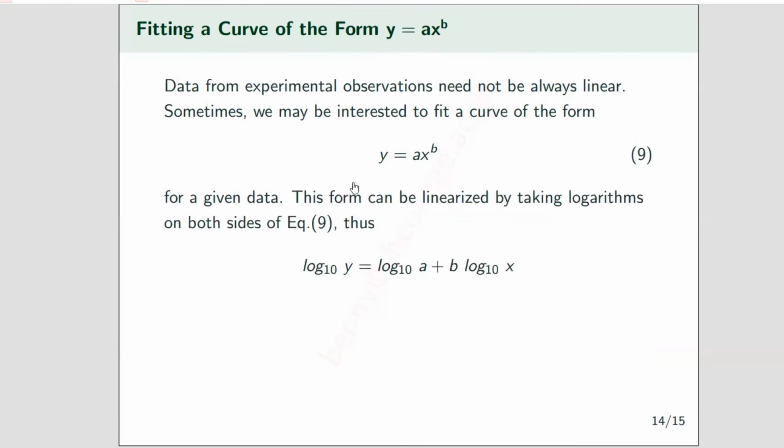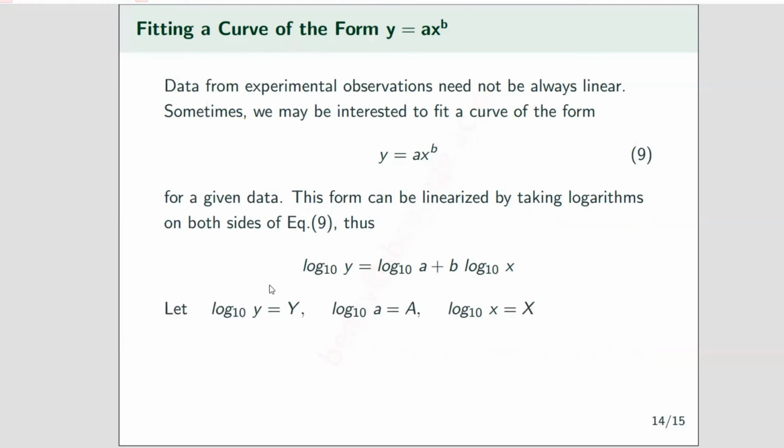For that purpose, we take logarithm on both sides. When you take logarithm on both sides, we get log y equal to log of ax raised to b, which further reduces to log a plus b log x. For simplicity, we have taken logarithm to the base 10.